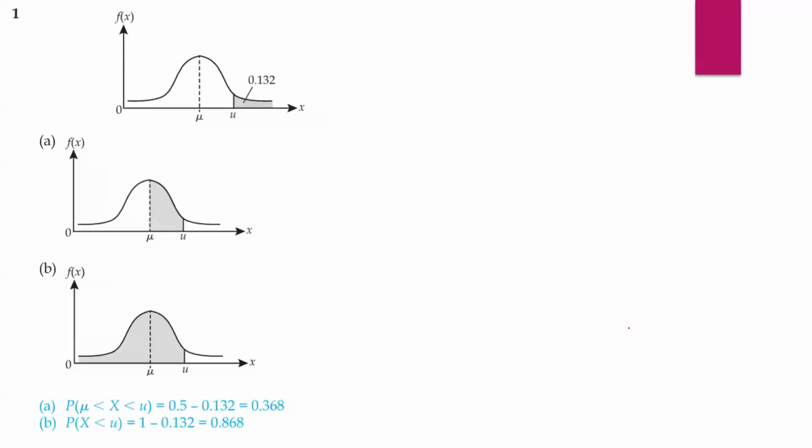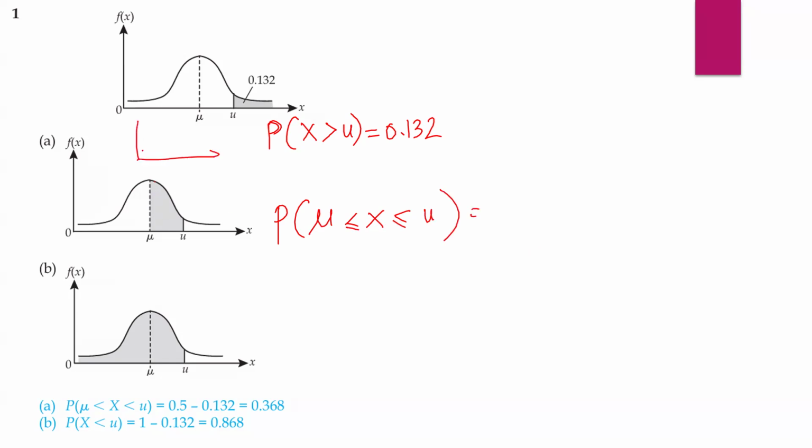Okay, look at the second question. So this is P where X greater than U is equal to 0.132. So I want the answer where X is between mu and U. Okay, as we know, the probability under the left-hand side is 0.5.